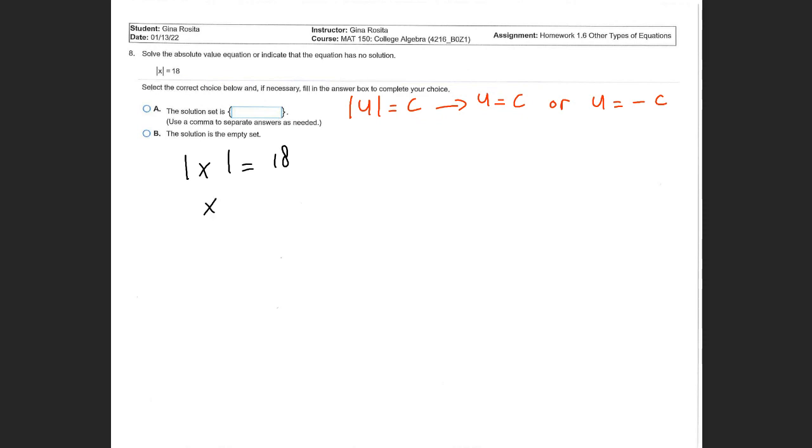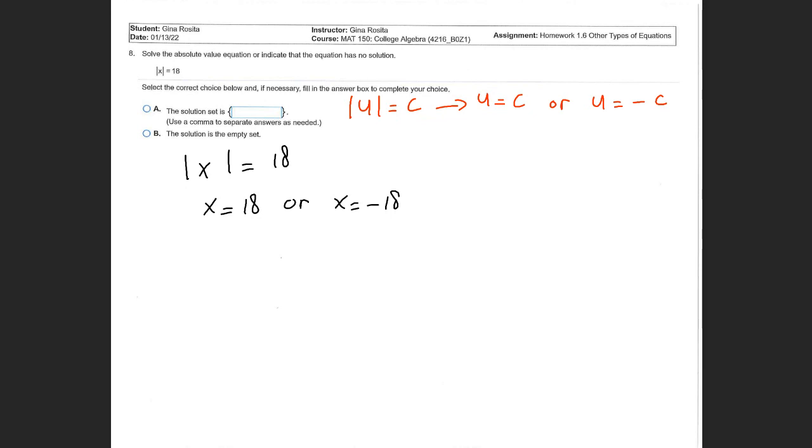So the answer becomes x equals 18 or x equals negative 18. This just follows the formula.